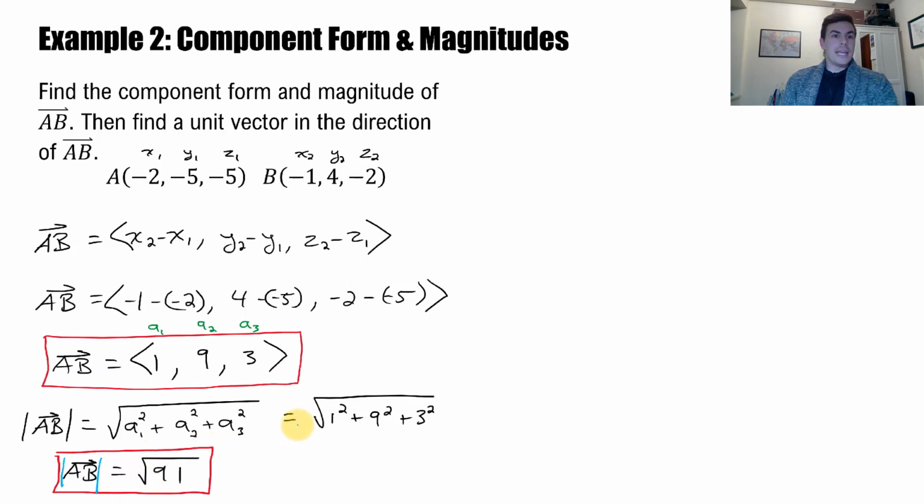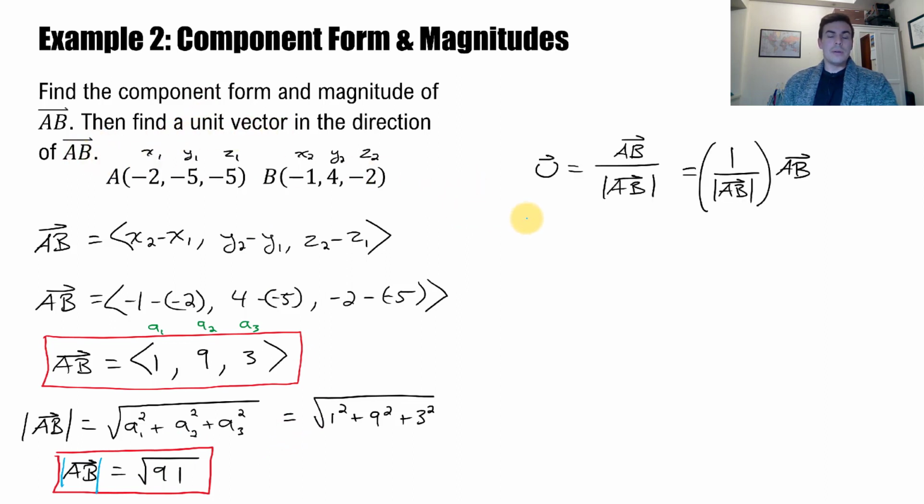Now, if we're going to find a unit vector in the direction of AB, that doesn't change with my unit vector equation. Our unit vector for AB is still just 1 over the magnitude of AB times AB. So our magnitude, again, is square root of 91, so 1 over the square root of 91 times AB.